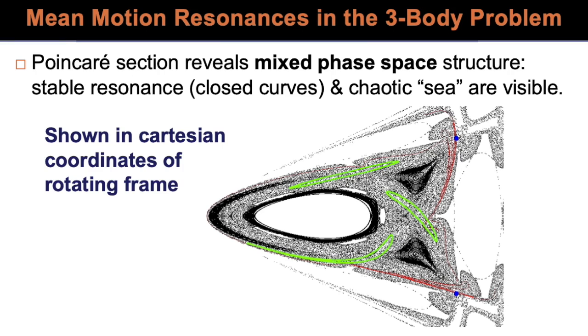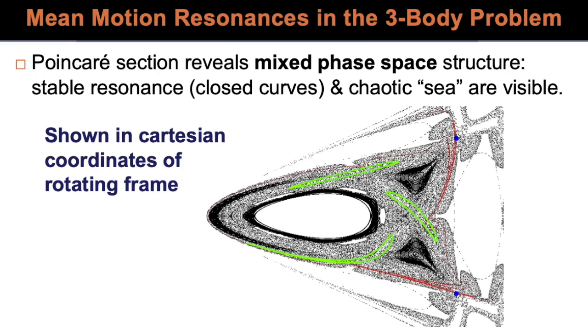But this is what is called a mixed phase space structure. So we have stable resonances, these closed curves, going in on the target pattern. The middle of the target pattern would be an exactly periodic orbit, and the closed curves are quasi-periodic orbits around it. And then that dissolves into what is poetically called a chaotic sea.